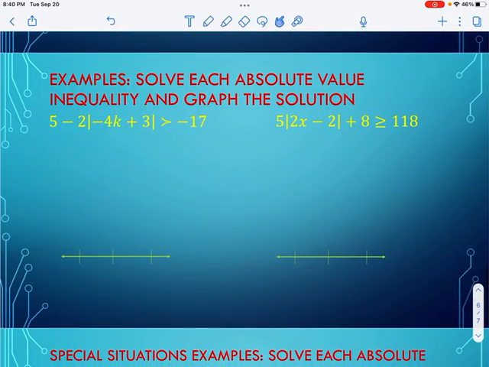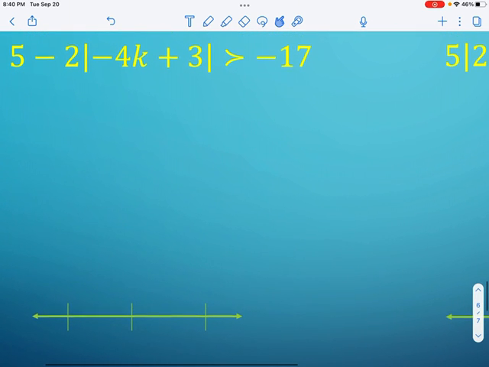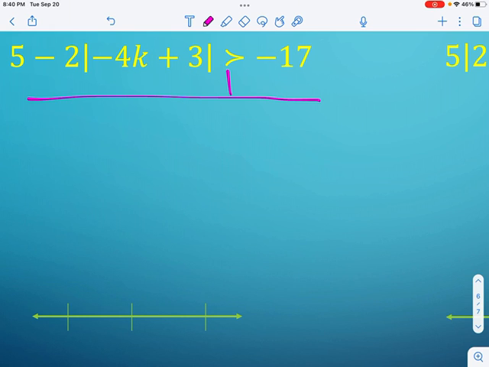Okay, so now let's try a couple of these where there's more than one thing outside, and we want to get rid of that. So I'm going to start here, and as I notice, I have this 5 on the outside, so I'm going to minus 5 from both sides. So that's going to give me -2, absolute value, -4k plus 3, and then it's going to be greater than -22.